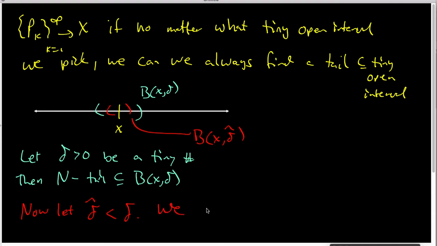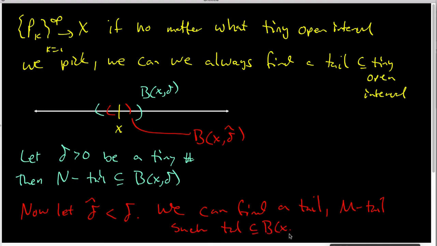It's a new N-tail, but we can still find a tail. Let's call this one an M-tail, such that the whole tail is a subset of this tiny little delta ball.